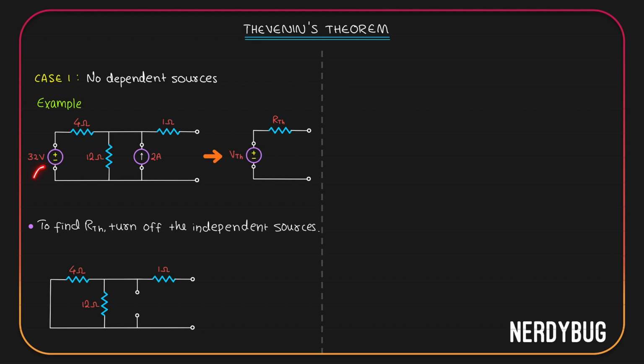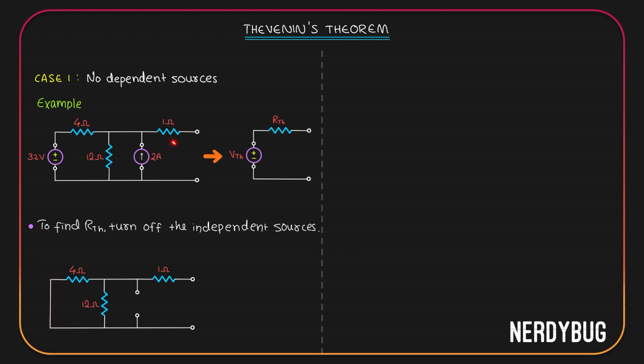To turn the voltage source off, I shorted it. To turn the current source off, I opened the circuit over there. Why? When we say turn the voltage source off, that means the voltage there should become 0. Voltage between these 2 points will become 0 if I short them.